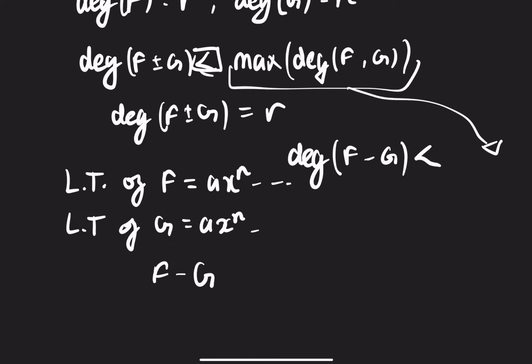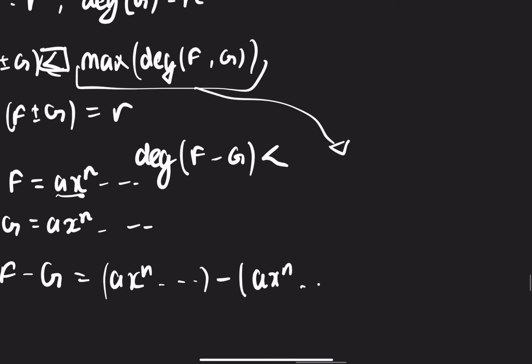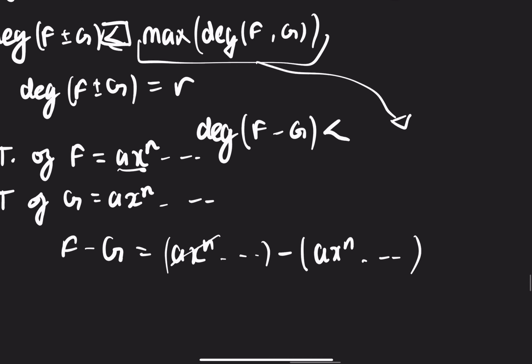there are loads of terms in f and there are loads of terms in g, but it doesn't matter. If we're doing f minus g, then this ax to the power of n, and g is the same thing, ax to the power of n, then these two ax to the power of n's are going to cancel each other out.